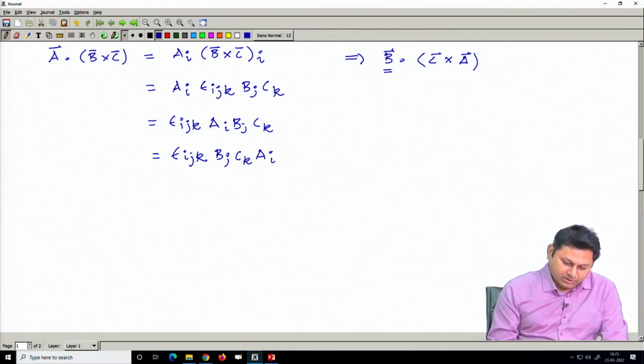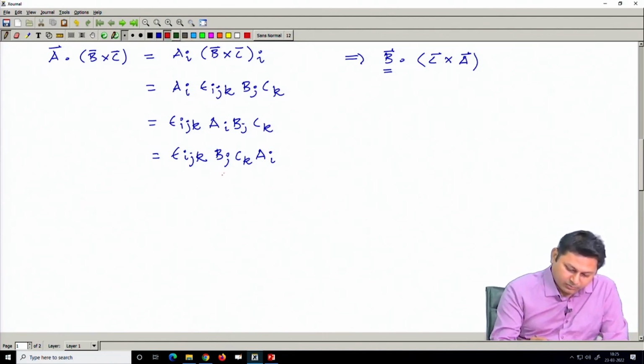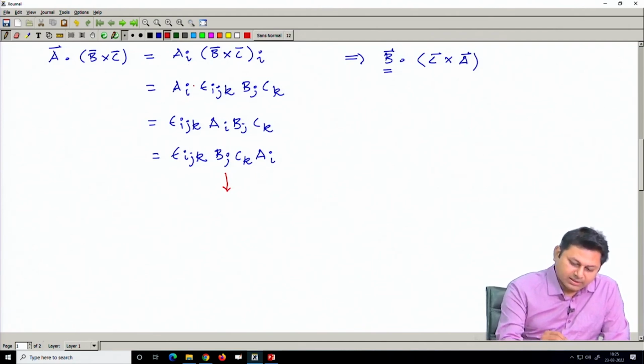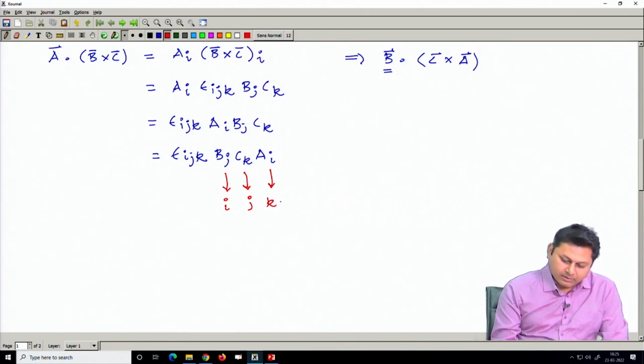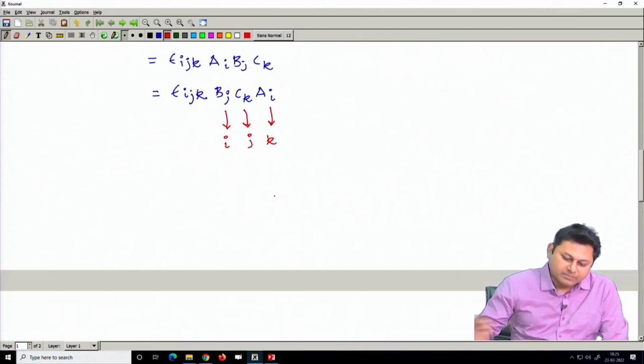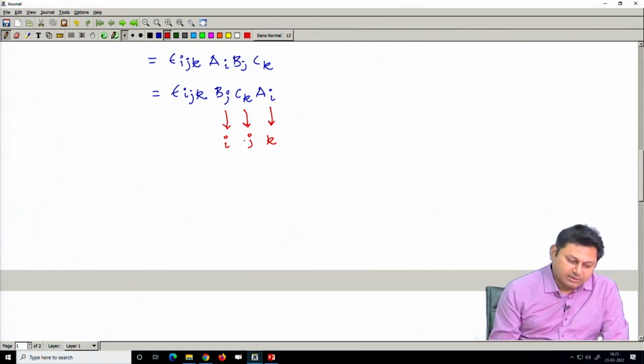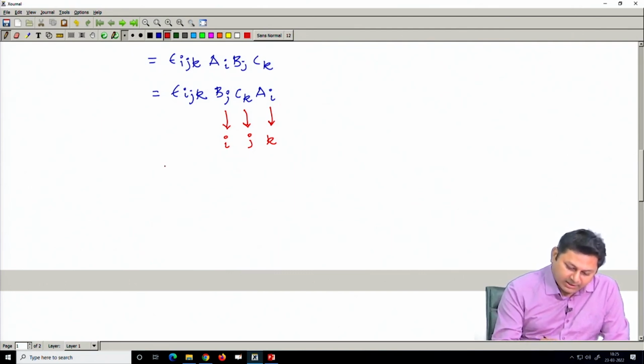The next thing is very important. According to our notation, if I have the same index repeated, then it is summed. So let us rename the indices: let these become i, these become j, and these become k. By doing that, I just change the name of the symbol, and I need to change it also in the epsilon.